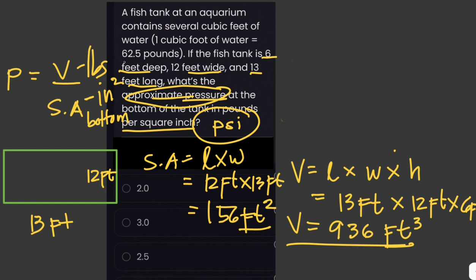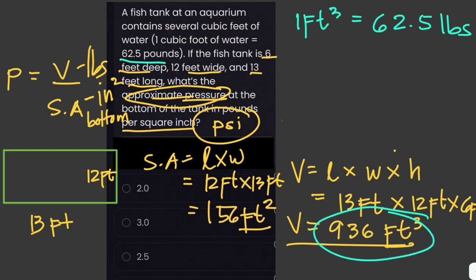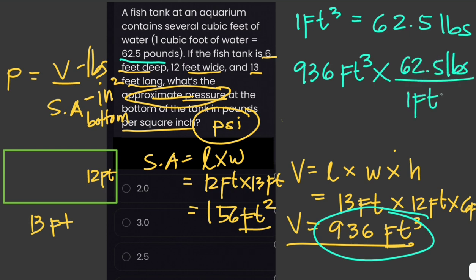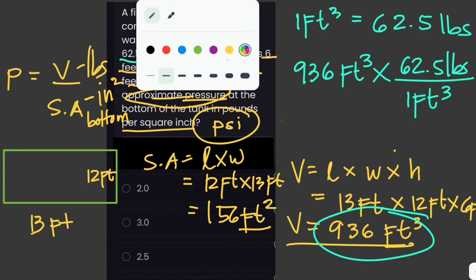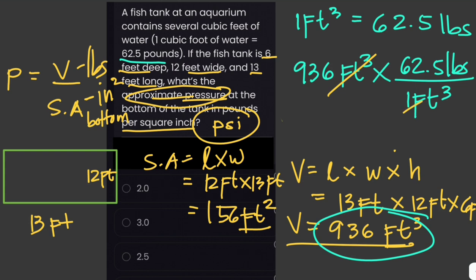We're given here that 1 cubic foot is equal to 62.5 pounds. So now we can convert 936 cubic feet to pounds. So that would be 936 cubic feet times 62.5 pounds over 1 cubic foot, and then the cubic foot unit here will cancel out.